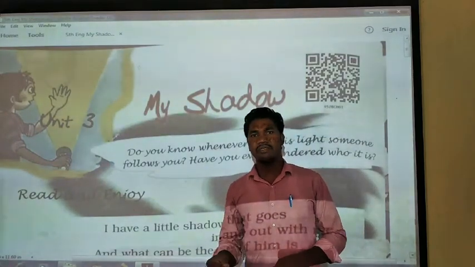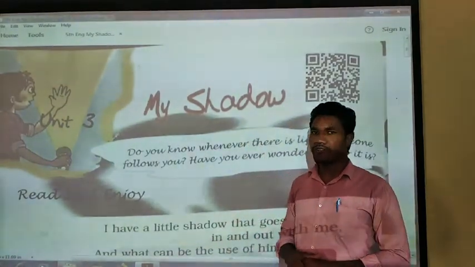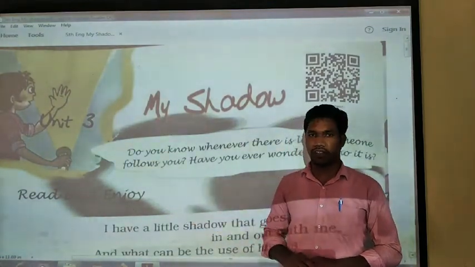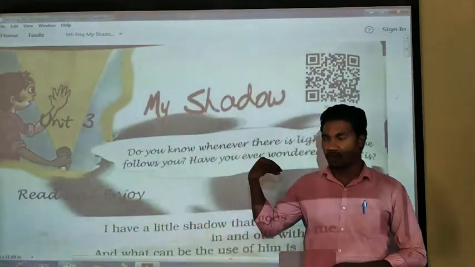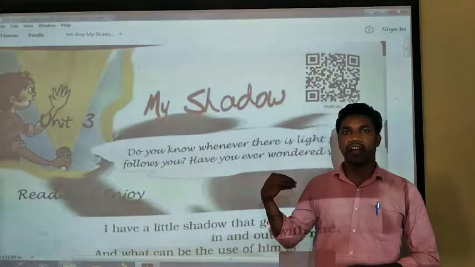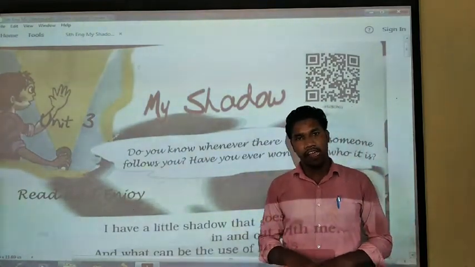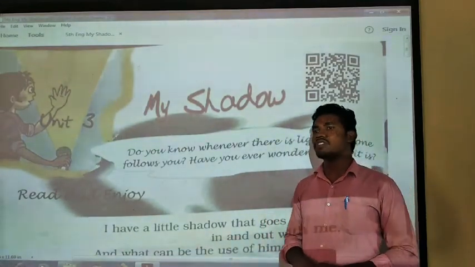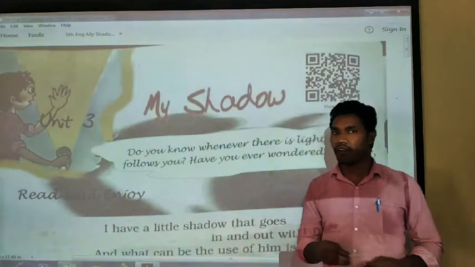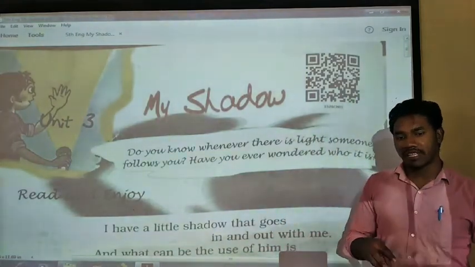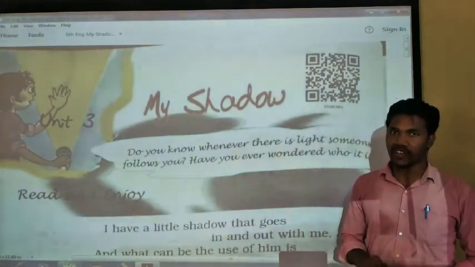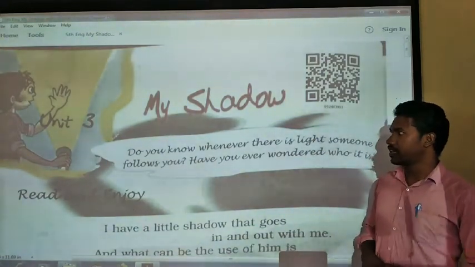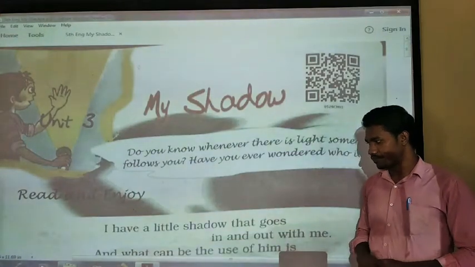And in the evening, at 4 or 5 o'clock, when the sun is setting in that direction and the light is falling onto our body from this direction, how big will our shadow be? That time it will be a big one. So according to where the light is falling onto our body from, the shadow increases and decreases. That is what we saw in this point about the shadow.